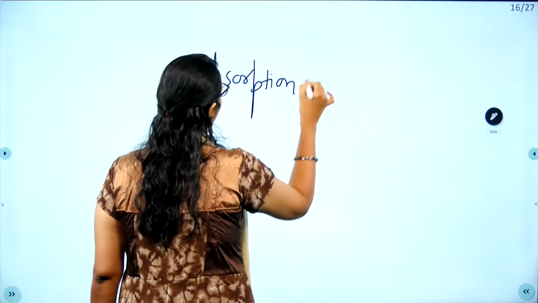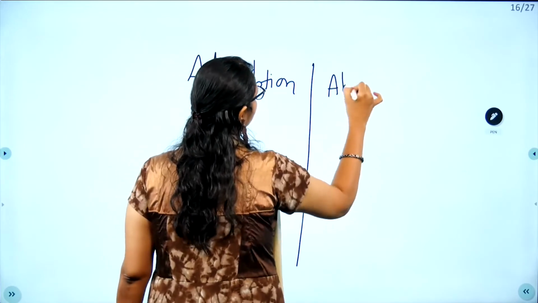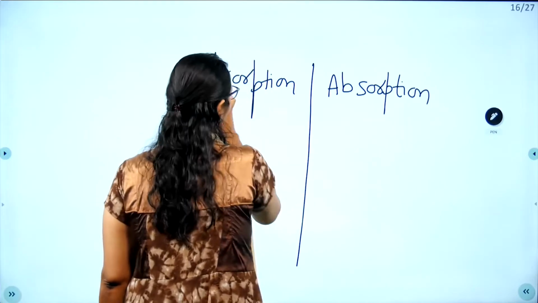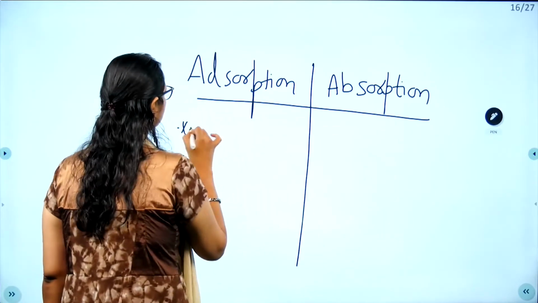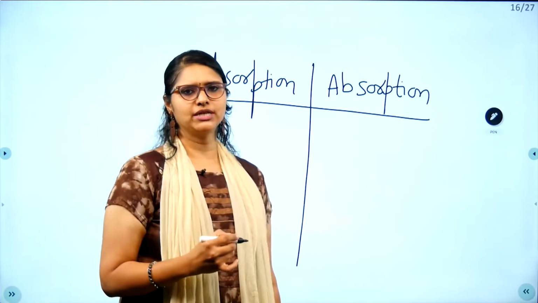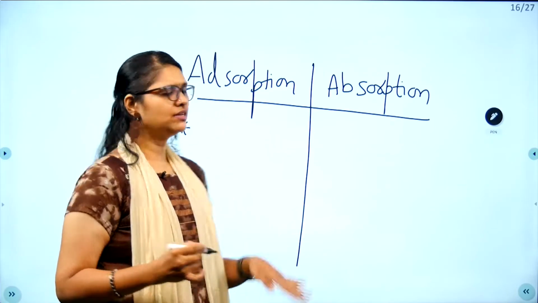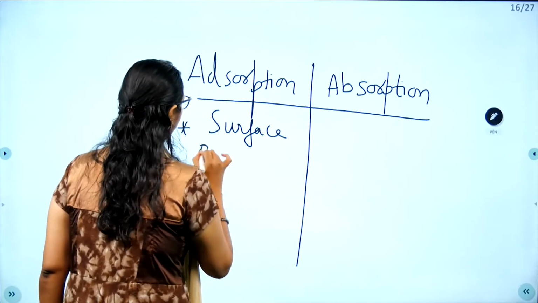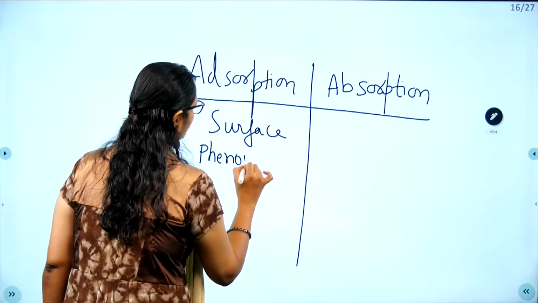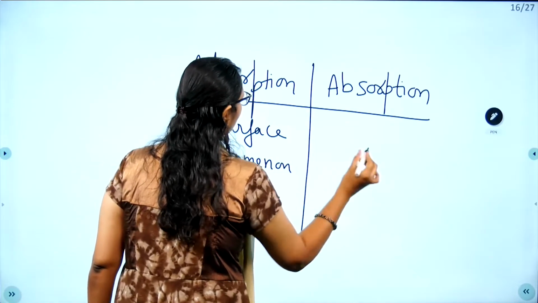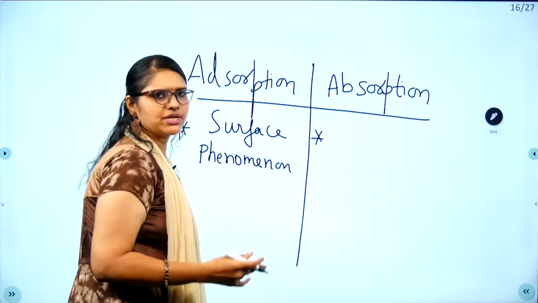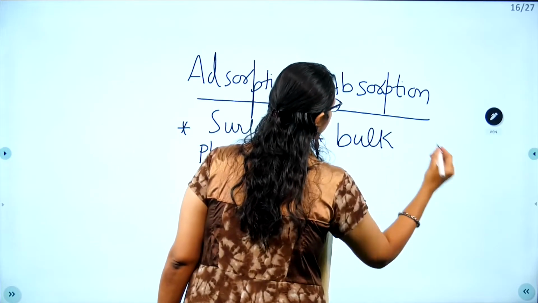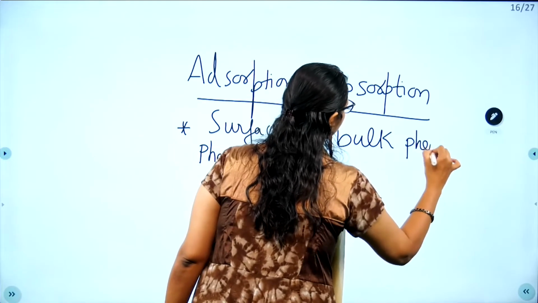Adsorption is a surface phenomenon, means it happens only at the surface. Whereas absorption is a bulk phenomenon. It happens throughout.